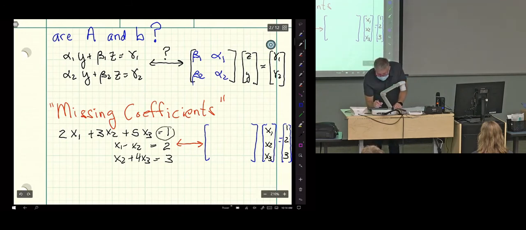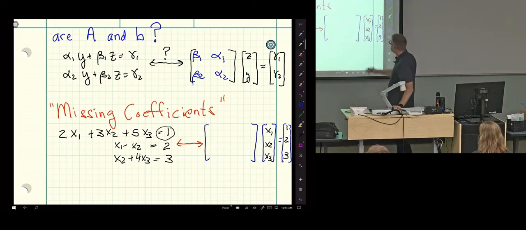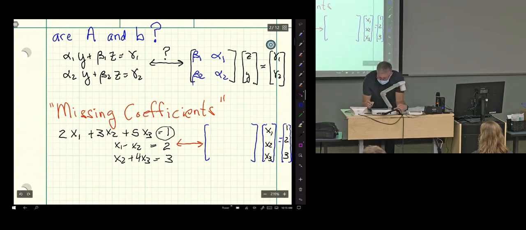If this constant had been written as -1 equals 0, we would have to bring it from the left-hand side to the right-hand side. Unless we wrote the equation as a times x plus b equals the 0 vector, 0, 0, 0, but we're writing it as ax equals b.